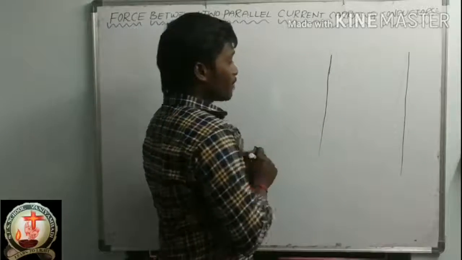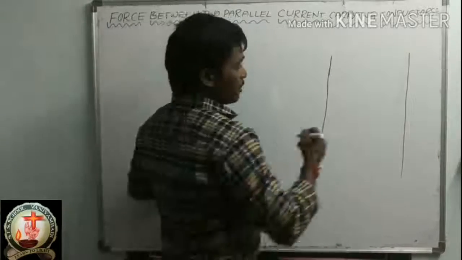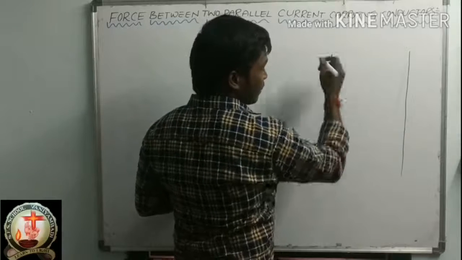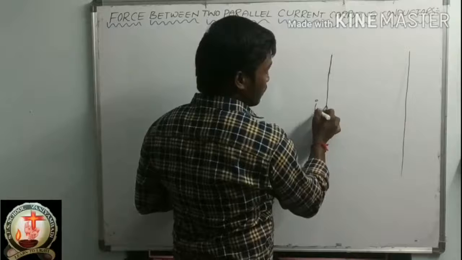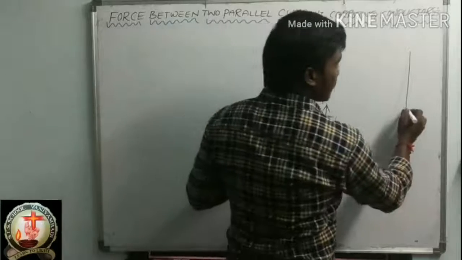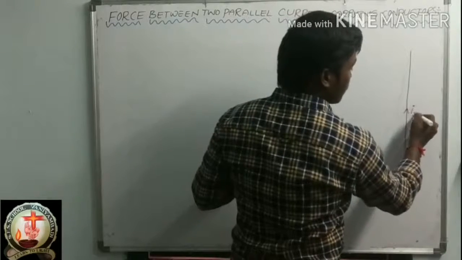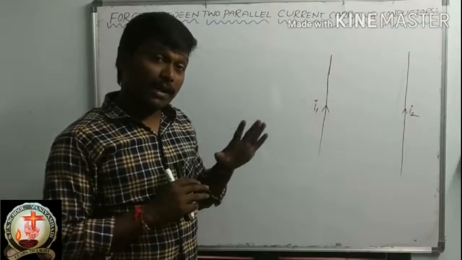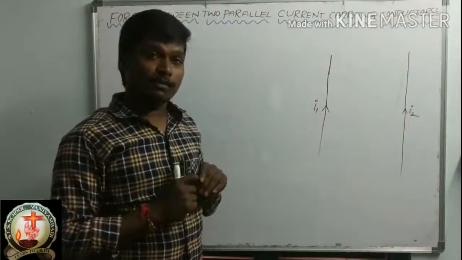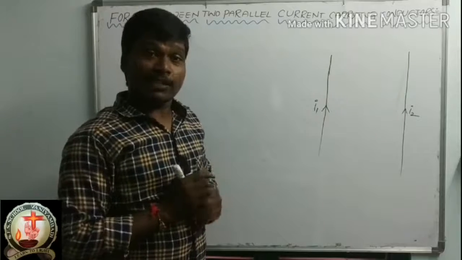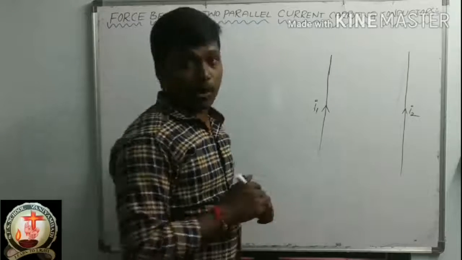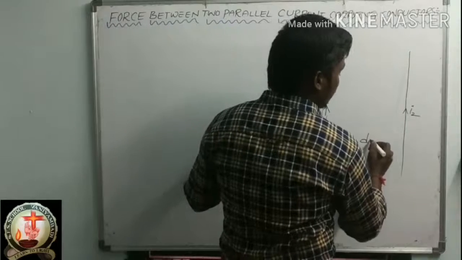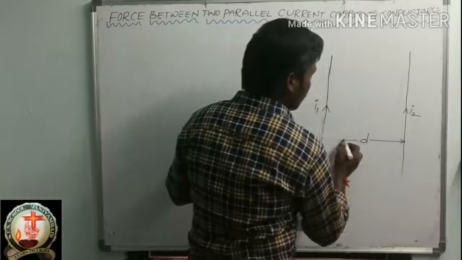In this conductor current I1 is flowing and in this conductor current I2 is flowing. The distance between the two conductors is small d.